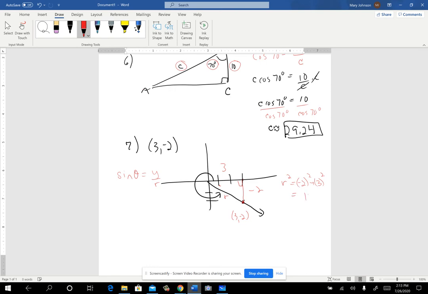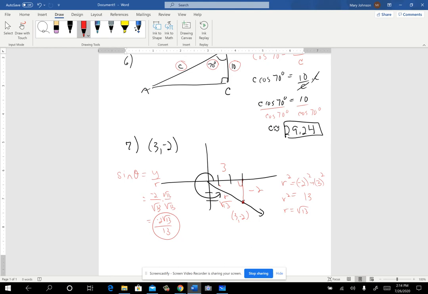So that's 13, and r would be the square root of 13. That means my sine would be the y coordinate over r, and I need to rationalize that, so I multiply top and bottom by square root of 13. So that would be sine theta.